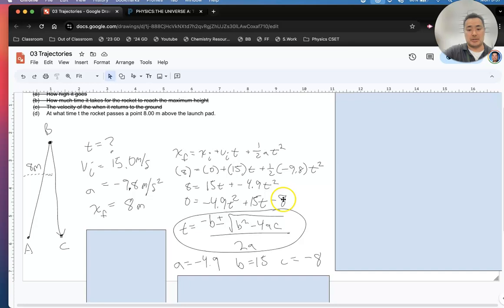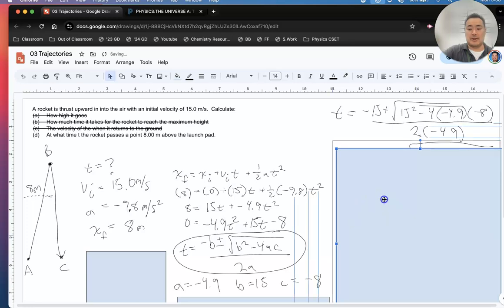And finally, expression c, which is the leftover value, which is negative 8. So the quadratic formula uses this format to identify which is your a, b, and c: first value, second value, third value, according to its exponential power. 2, 1, and none.